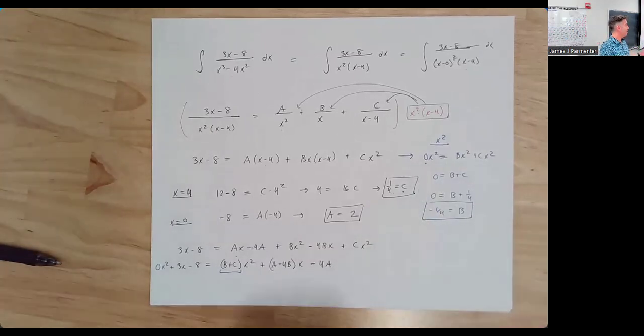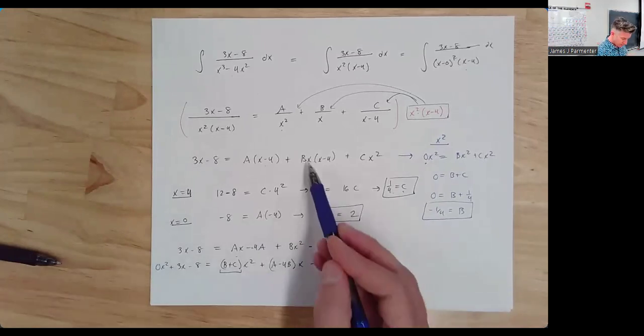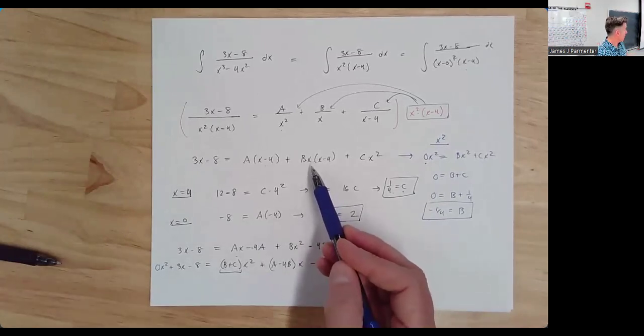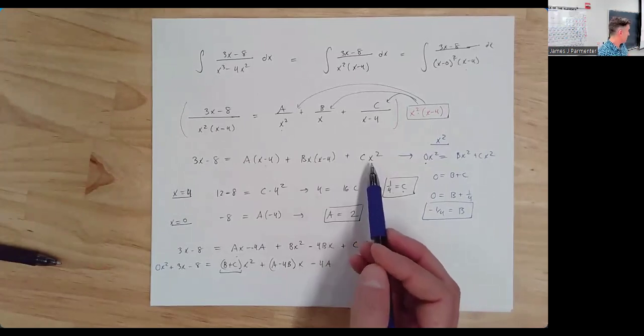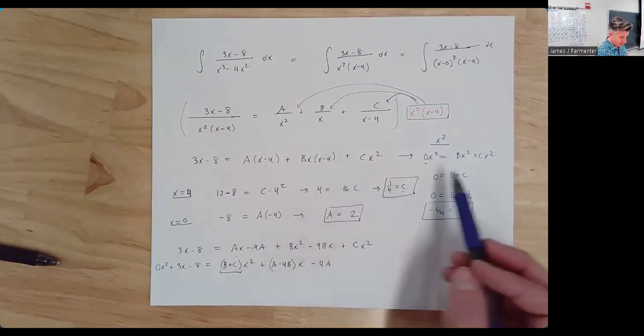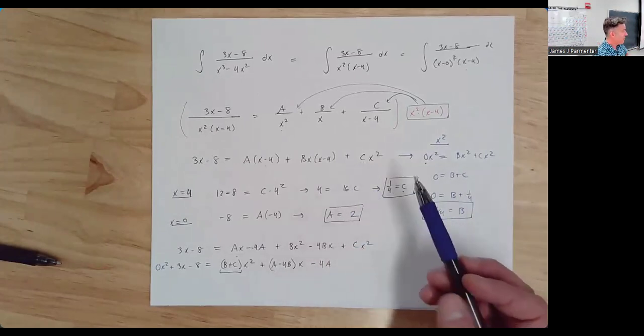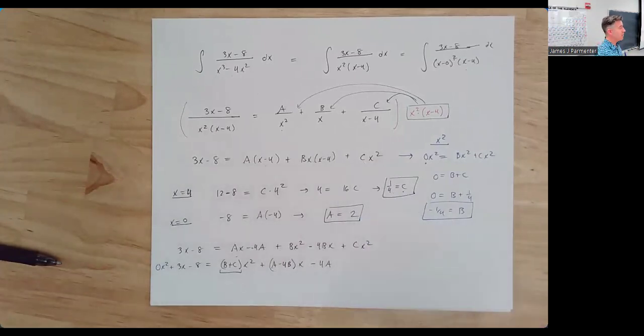How much x squared do I have on the right side of this equation? Well, b times x is a b times x squared, and c times x squared is a c times x squared. So on the right-hand side, I have a bx squared plus a cx squared. And then because the only way polynomials are equal to each other is if corresponding powers of x have the same coefficients, it has to be true that b plus c is equal to 0. We have no choice in the matter.